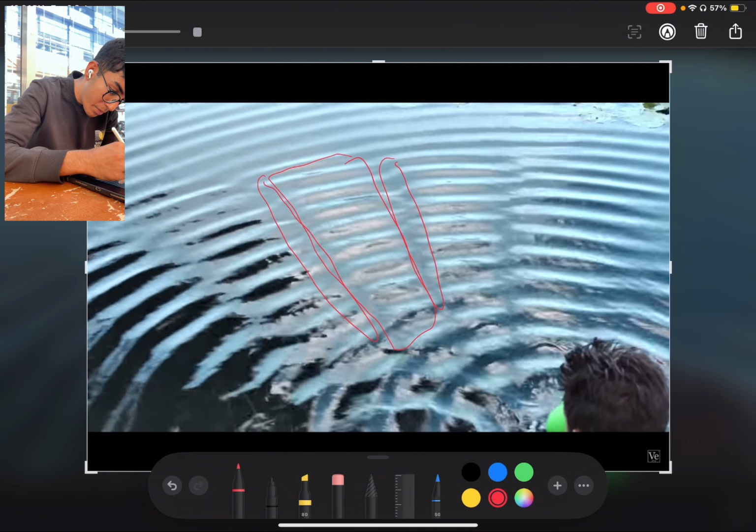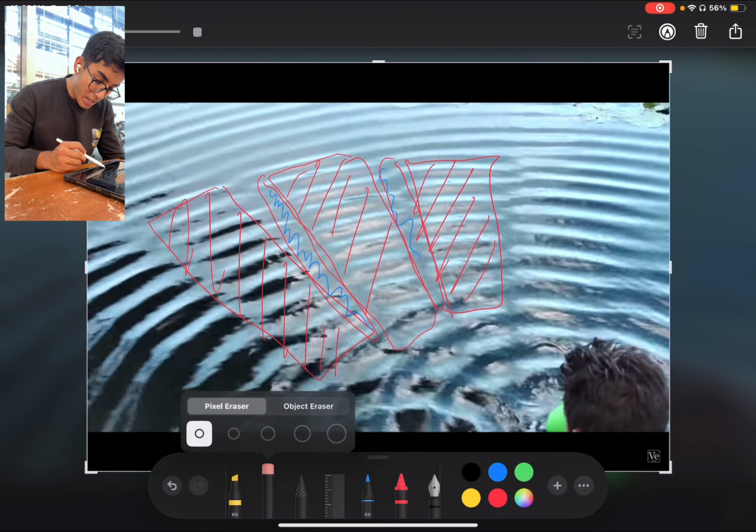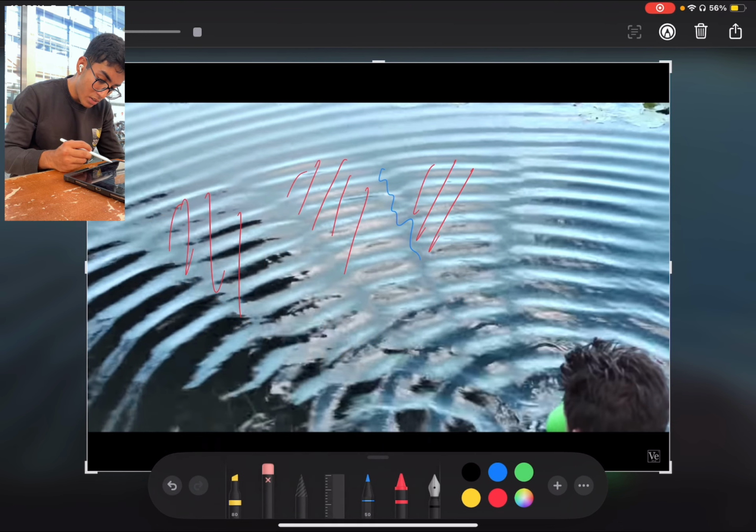These are basically the bright bands, and in these blue areas over here, these are the dark bands. You can see that, right? Let me erase all of this once again, so you can see that.